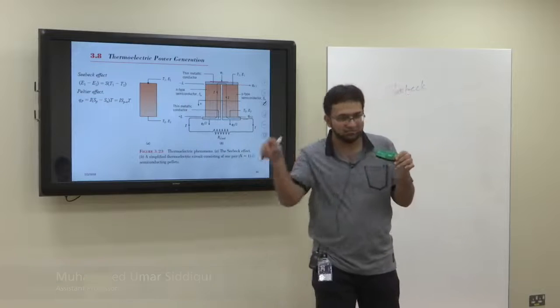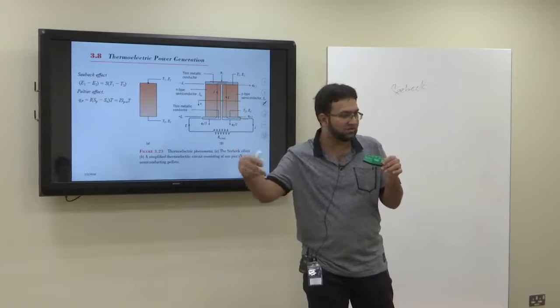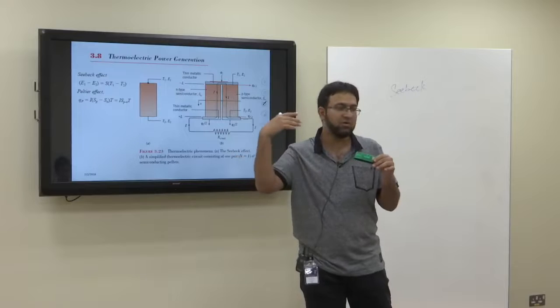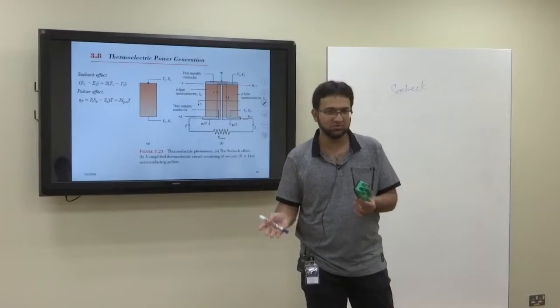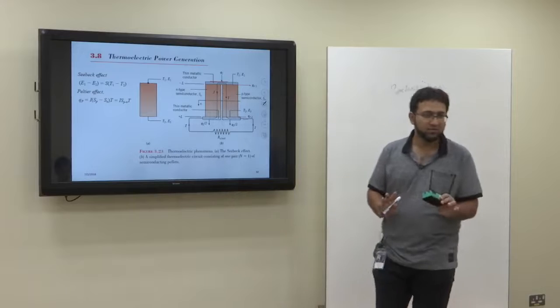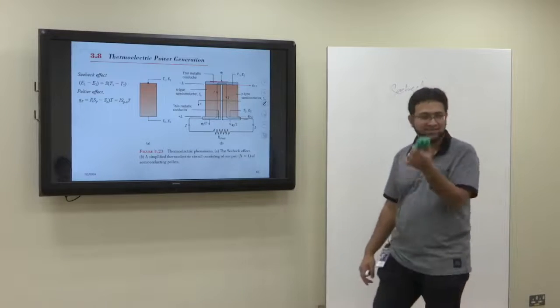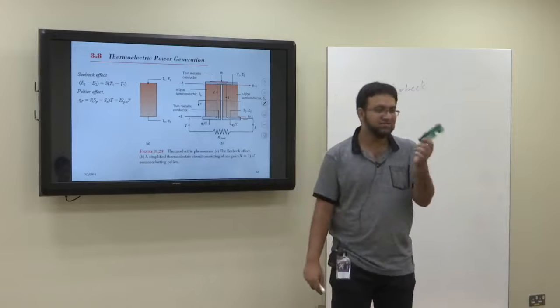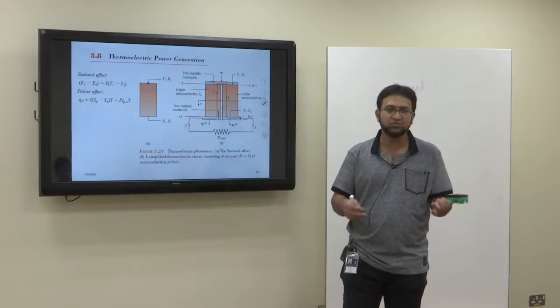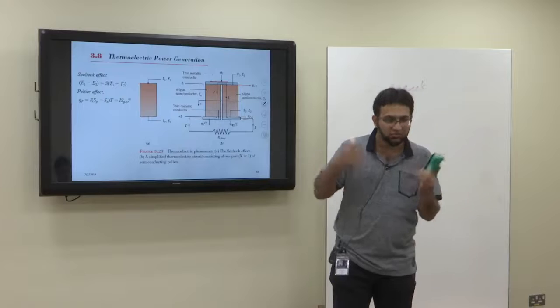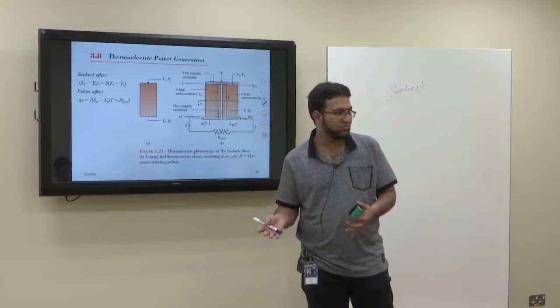And then the flow of electric current, or the power generation, would be continuous. Is it clear? So basically this is a conduction problem. It is the conduction which is actually in this case reducing the thermoelectric power generation.